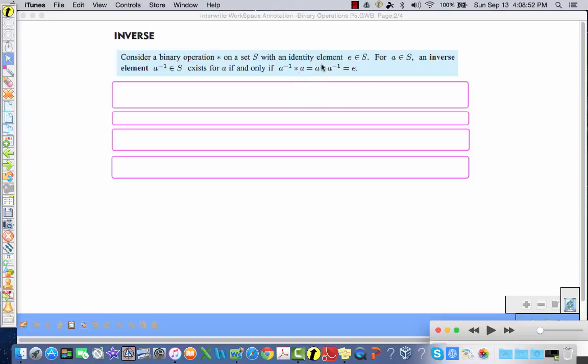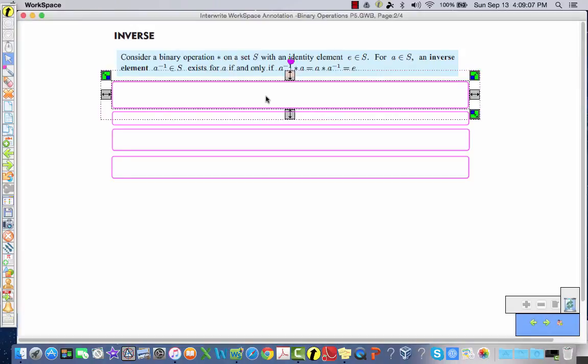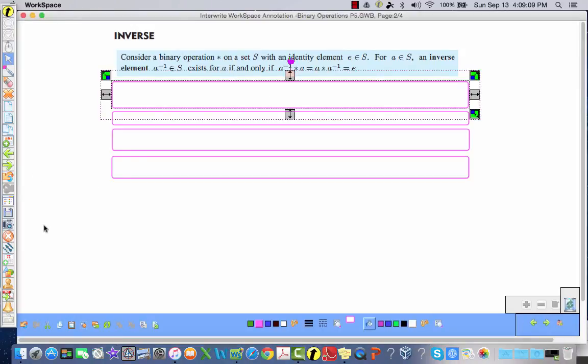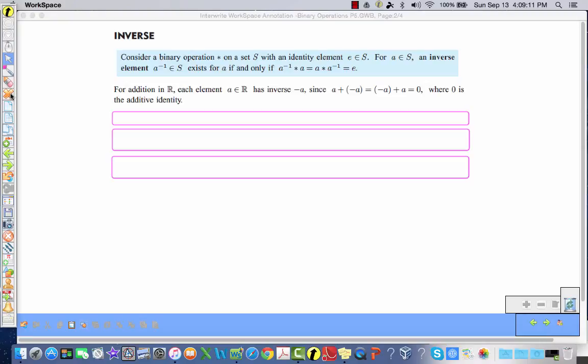Now, we don't do all this at one time. We would first take the binary operation of the element and its inverse and see if it's equal to the identity, and then the same must be true. This is simply just the commutative property, which you're familiar with.